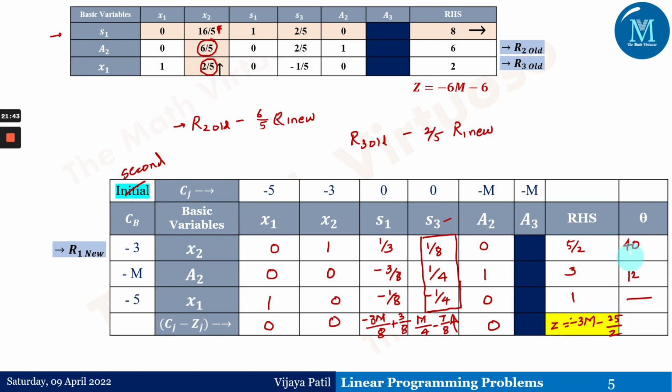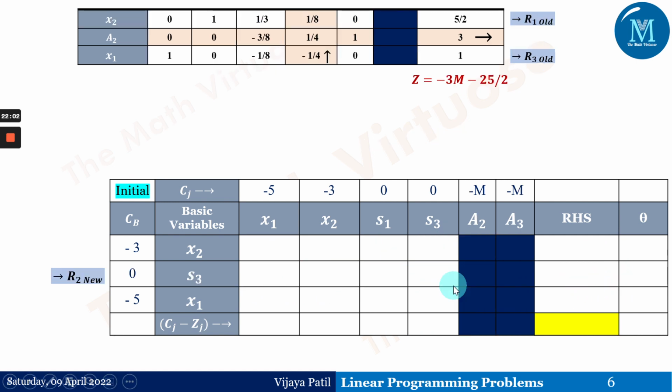Now out of these two values, which is the least one? Least is this 12. So the A2 variable will be leaving the basis, and in the place of A2, S3 will come in the next iteration.